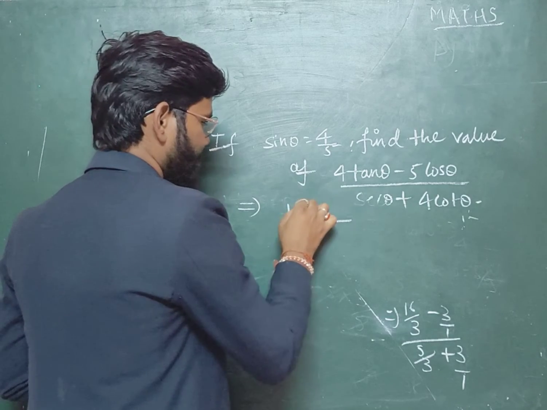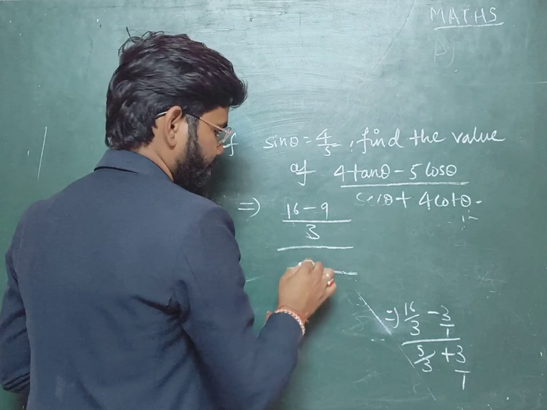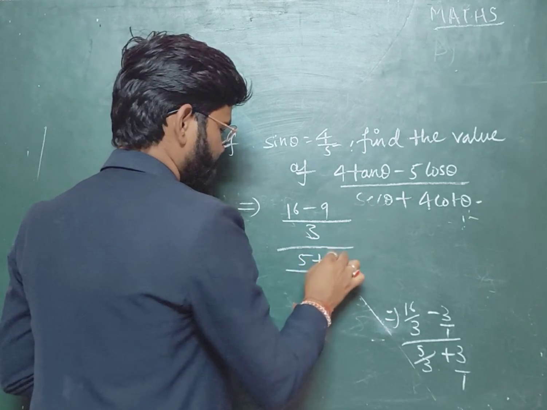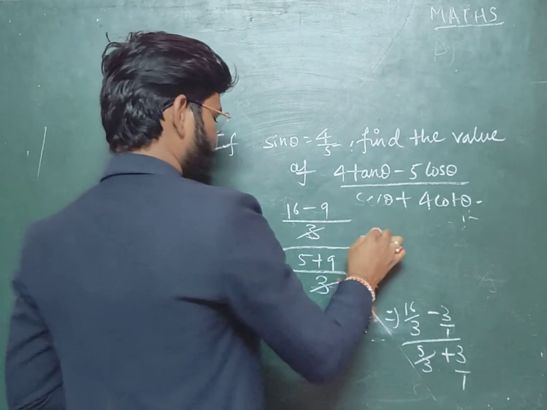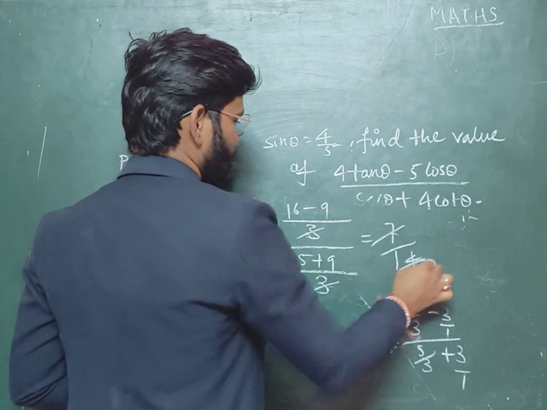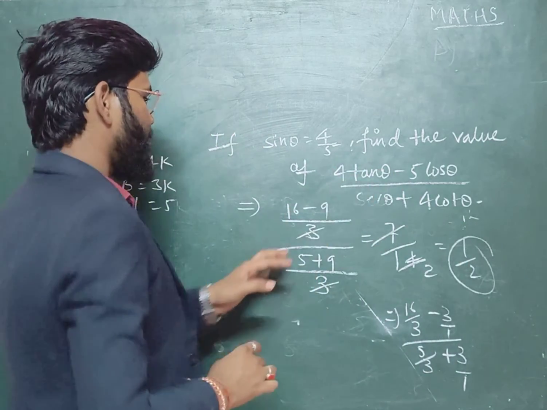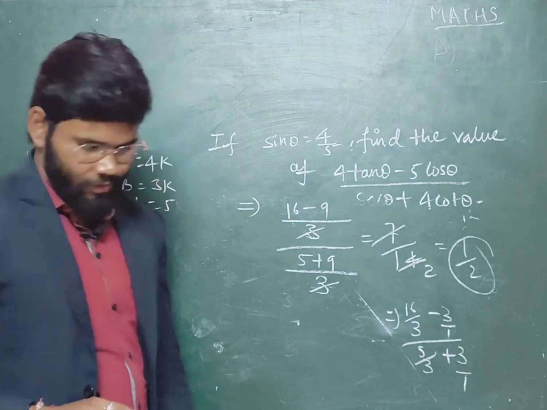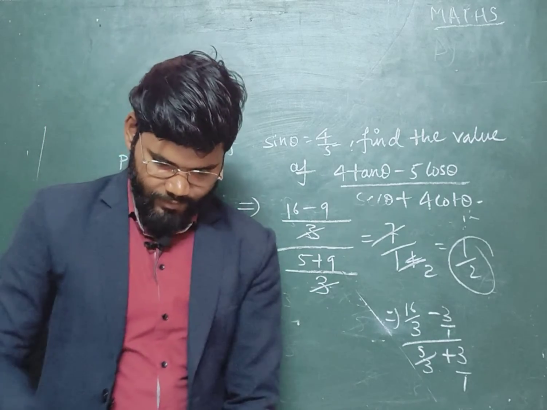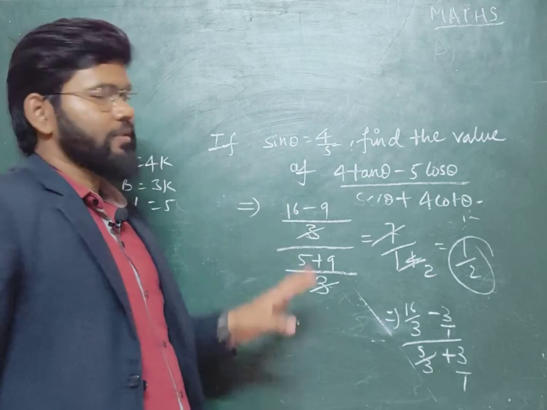So 16 minus 9 over 3, divided by 5 plus 9 over 3. The 3 cancels, so we get 7 by 14. The answer will be 1 by 2. So when we put the values of tan, cos, sec and cot, we found the value is 1 by 2. Like that you can solve this question.